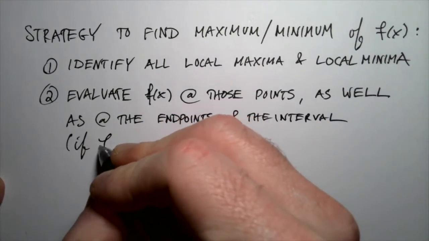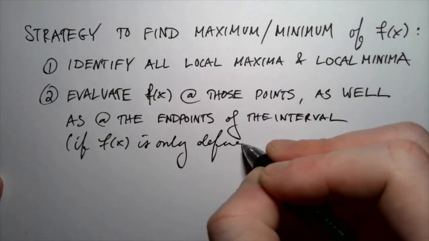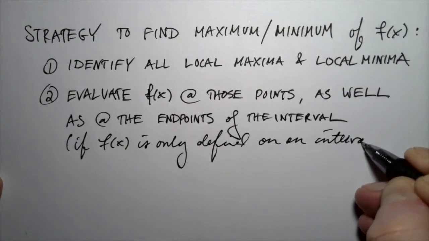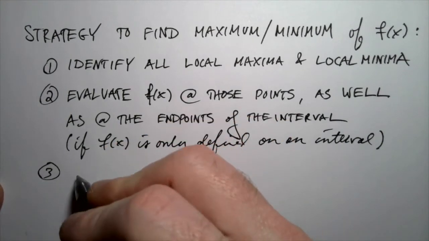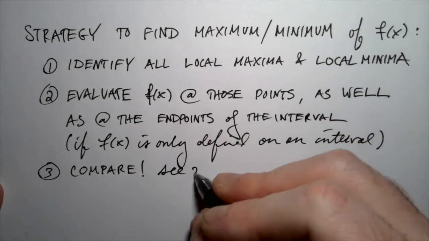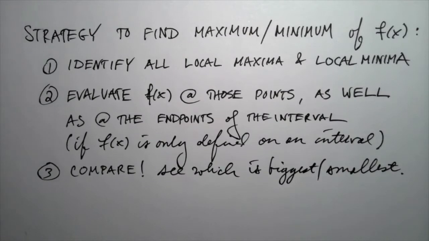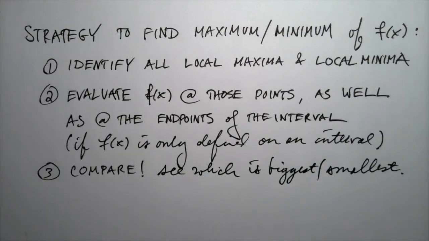So if f of x is only defined on an interval. If it's defined on the entire real number line, then we don't need to worry about that. And then finally, the third step is just to compare. See which is the biggest, which is the smallest. That is the program. Okay, so we're going to implement this strategy, and as you'll see, it's all about step one. How do we identify the local maxima and the local minimum?